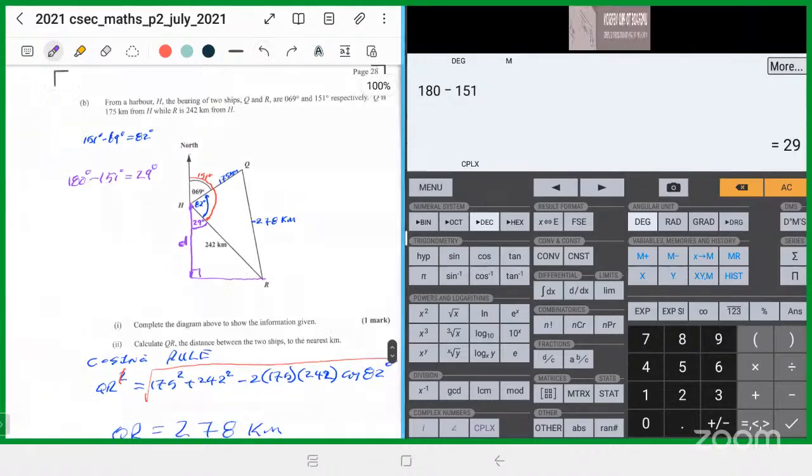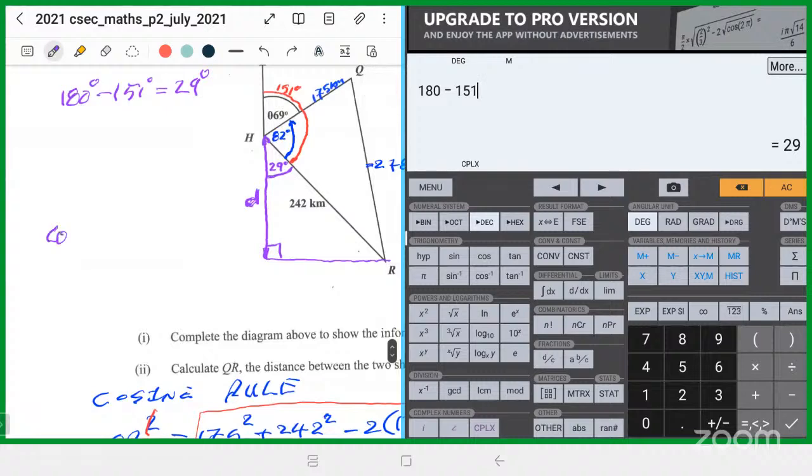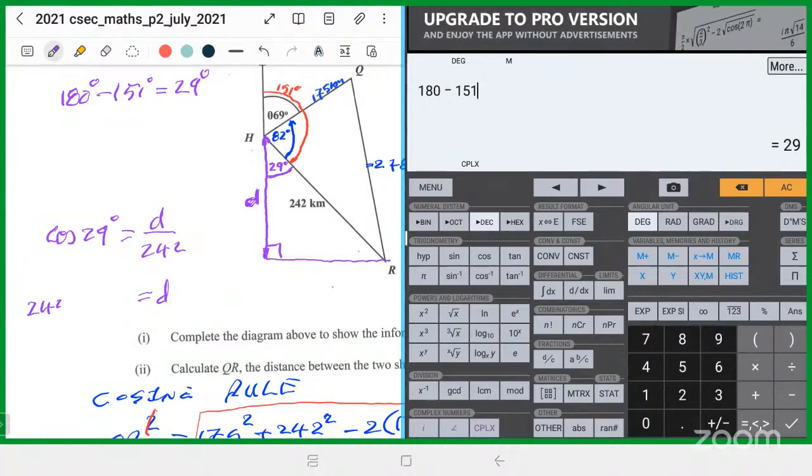I'm going to show the calculation here beside the triangle. The cos of 29 degrees is the adjacent side that we want, D, over the hypotenuse, which is 242. To make D the subject, the 242 is multiplied across here. So D is going to be 242 times the cosine of 29 degrees.